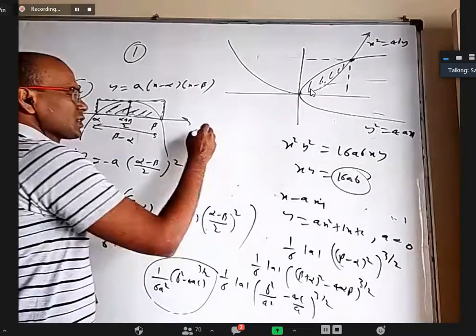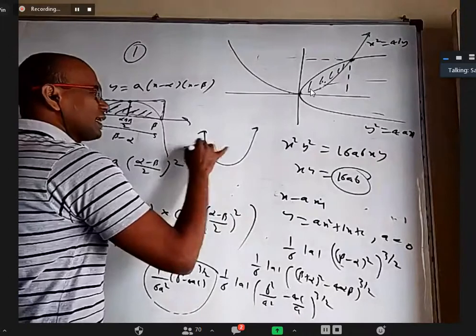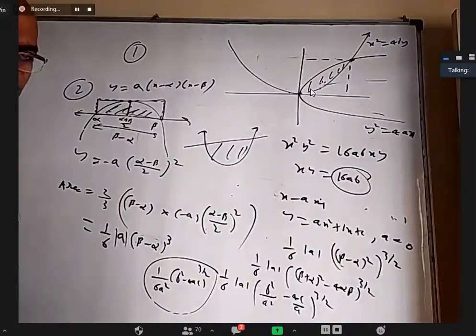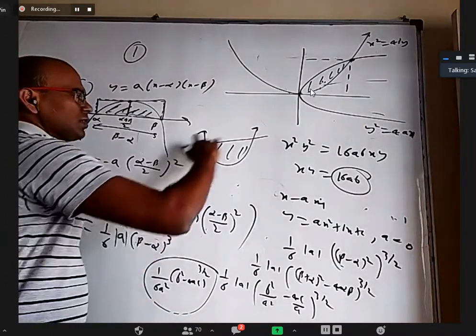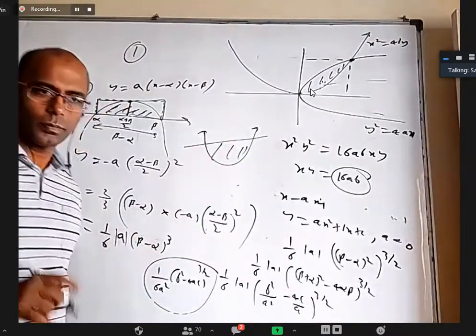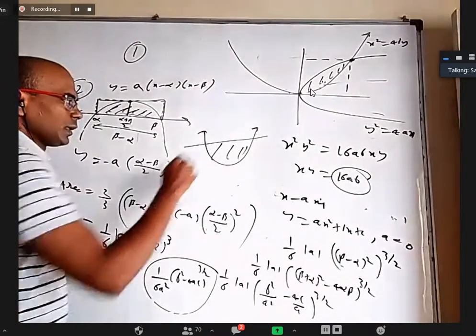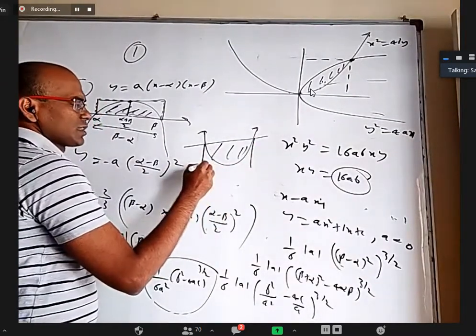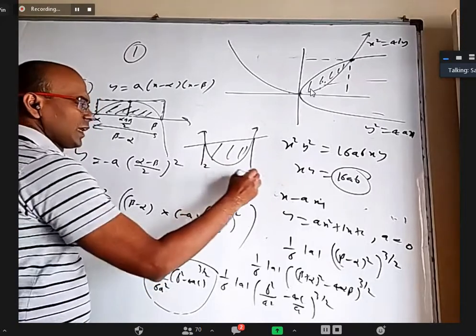You have a lot of questions where a parabola is there and a line is there like this, and you have to find this area. Now we cannot use this 2/3 rule because this is slant and there is no rectangle, but you will find something. Find this x coordinate, so let us say this is 2 and this is 8.